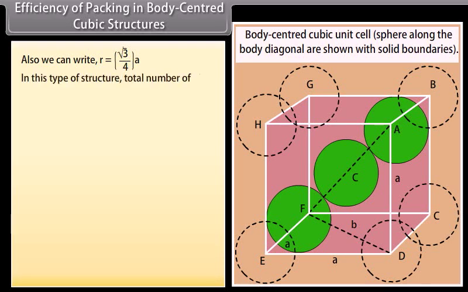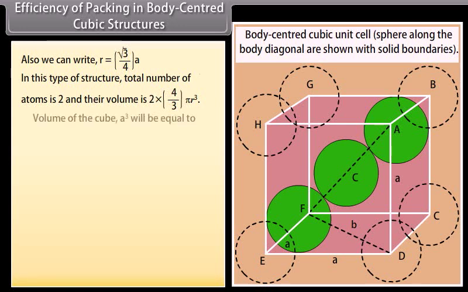In this type of structure, total number of atoms is 2 and their volume is 2 into 4/3 pi r cube. Volume of the cube, a cube, will be equal to 4 upon square root 3 r cube.